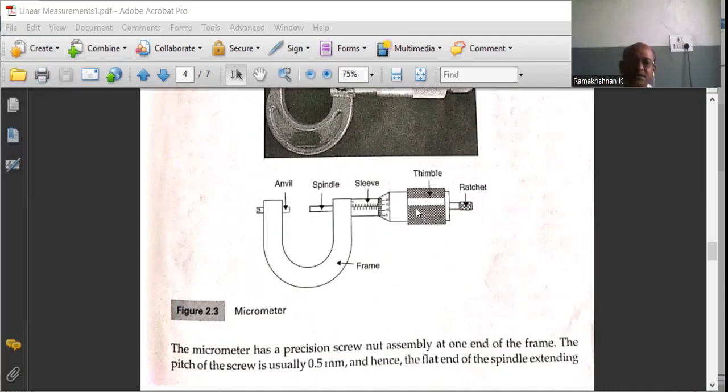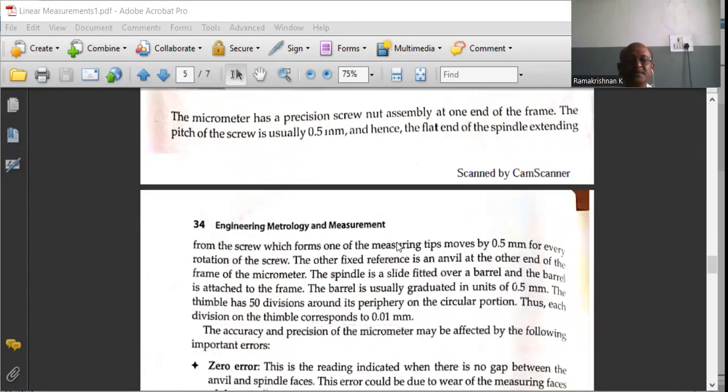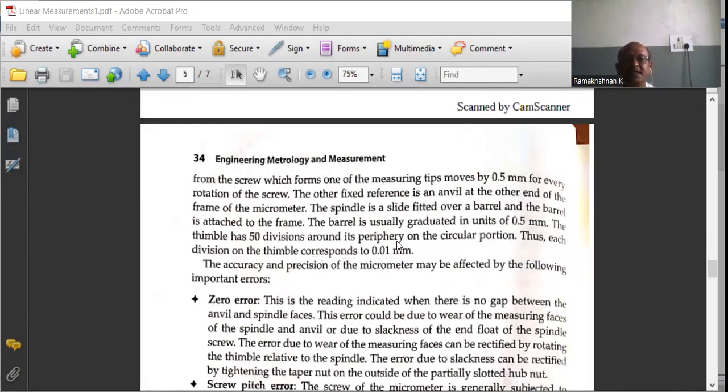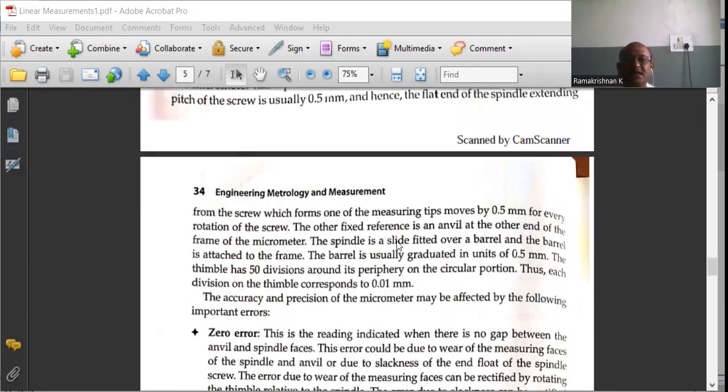Normally, the screw thread inside the thimble has a 0.5 mm pitch. So for one complete revolution, the thimble travels by 0.5 mm, which is equal to the pitch of the screw thread. There are 50 divisions for a complete revolution, which moves the barrel by 0.5 mm.